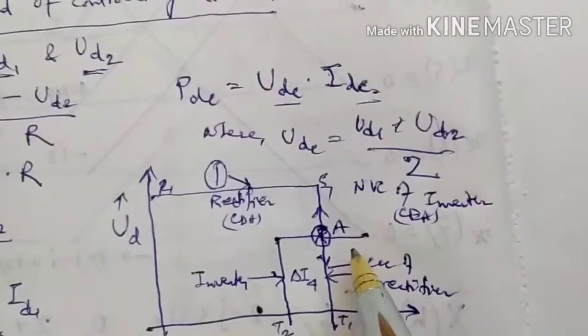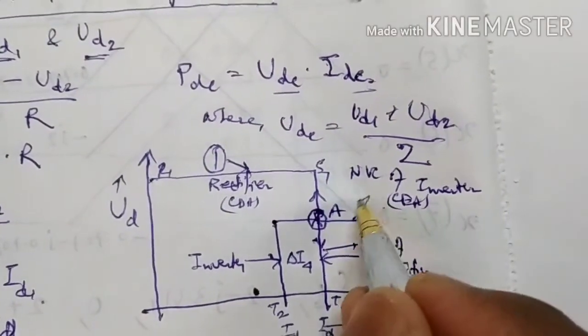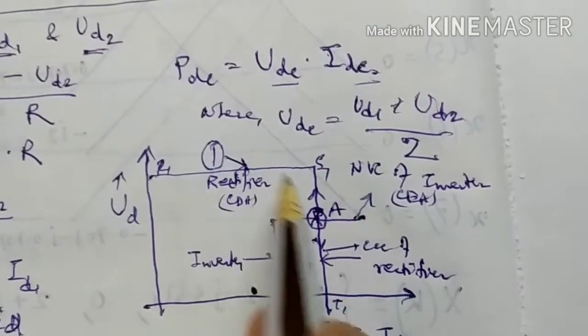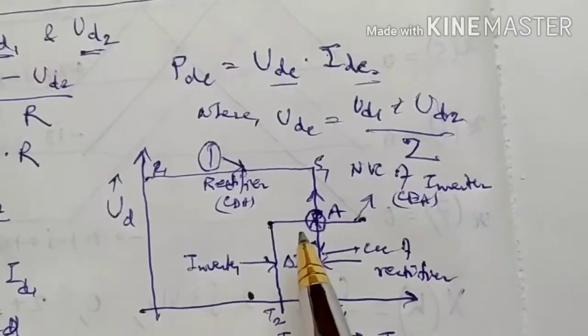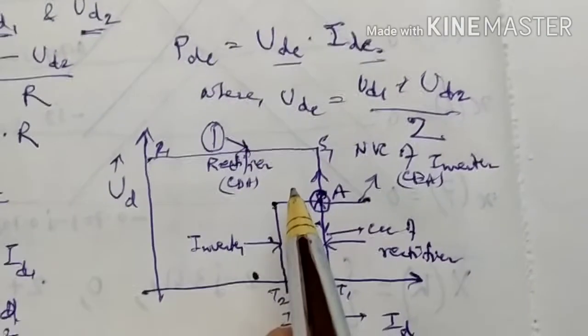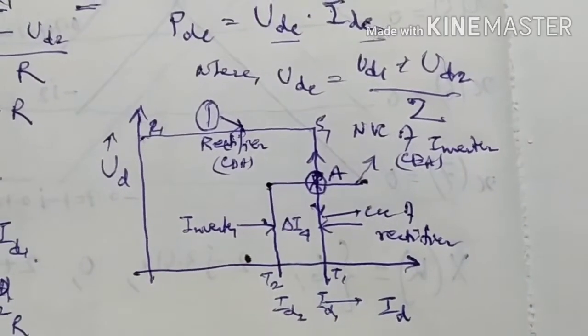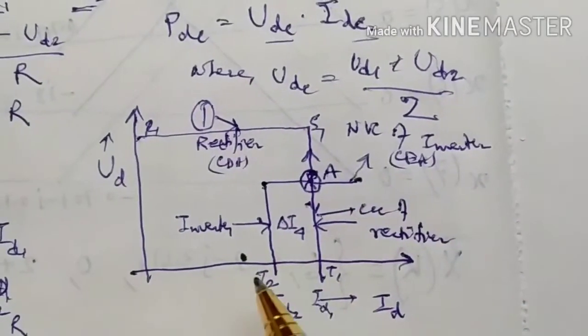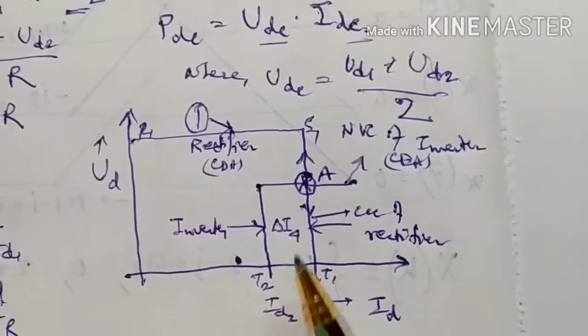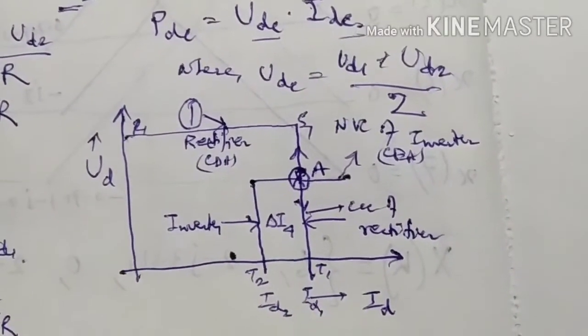That point will be like A. So 1 will be called the rectifier, and 2 will be called the inverter under normal mode.